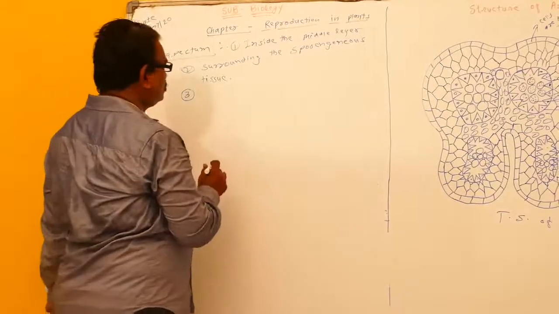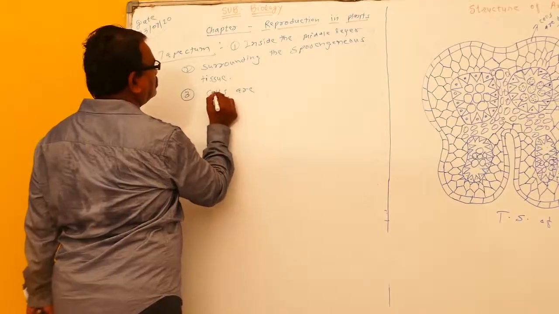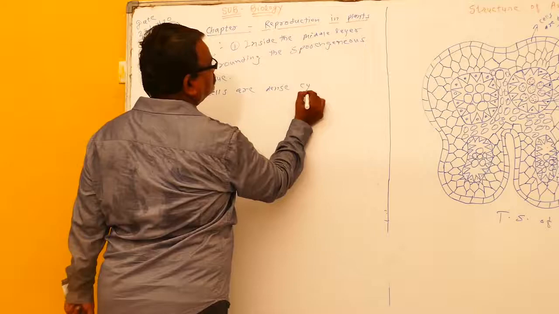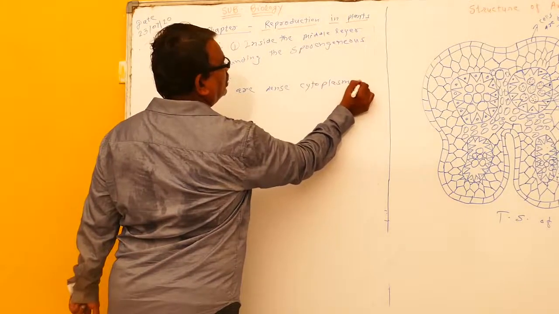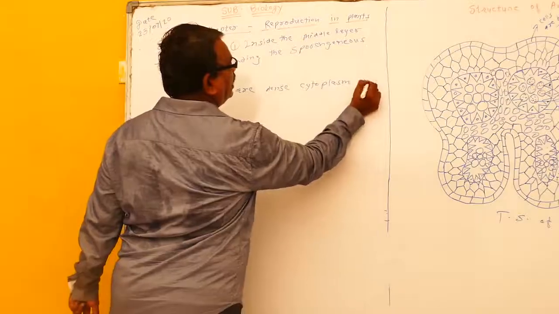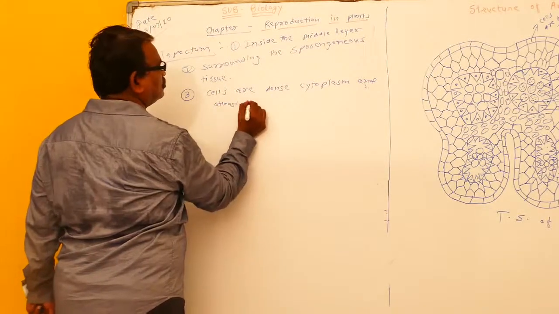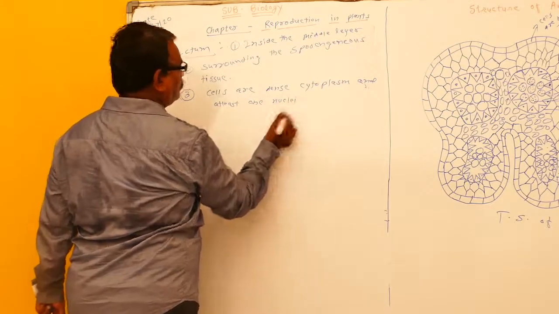The cells have dense cytoplasm and at least one nucleus.